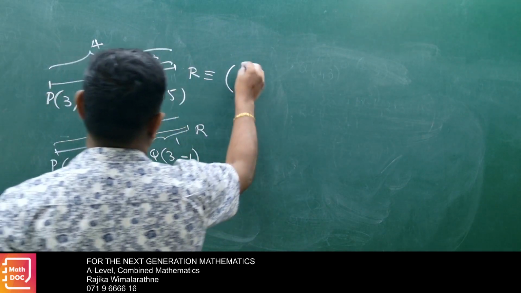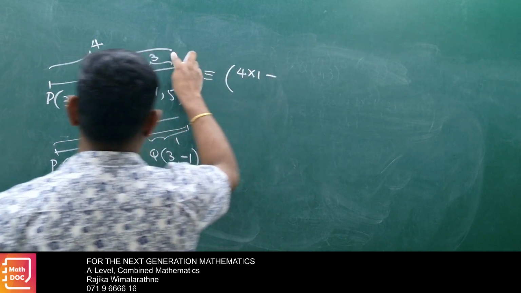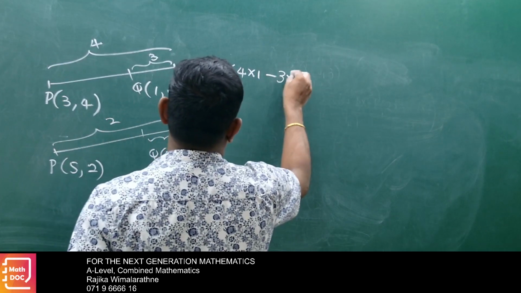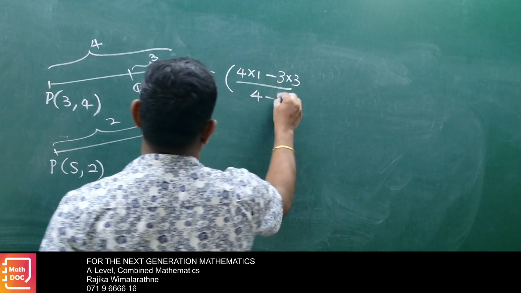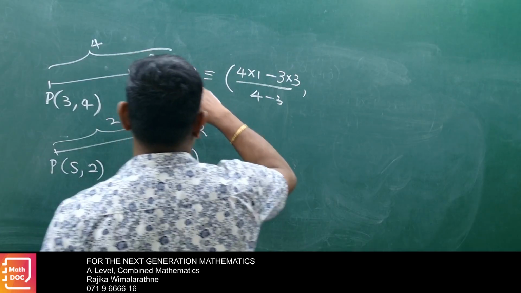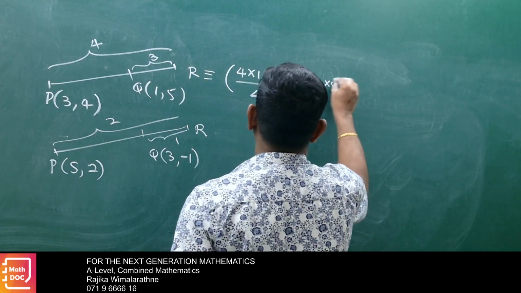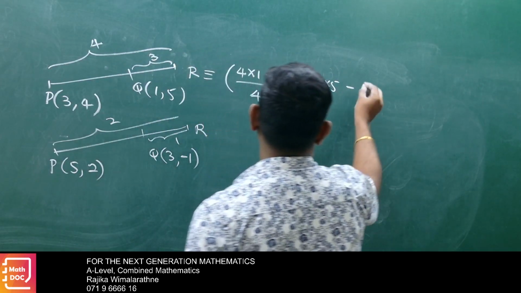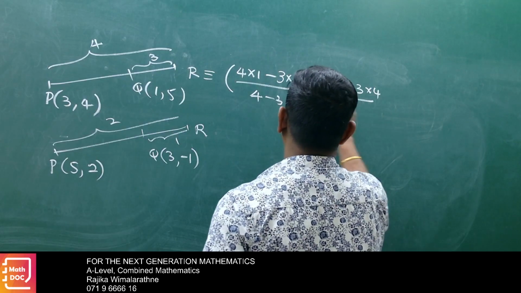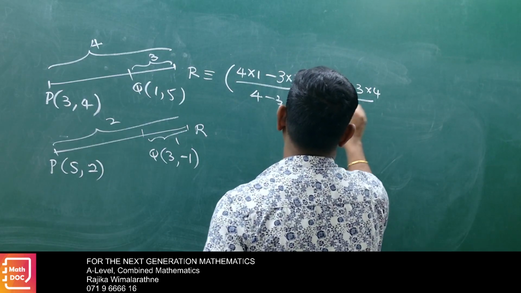4 times 1 minus 3 times 3 over 4 minus 3, 4 times 5 minus 3 times 4 over 4 minus 3.